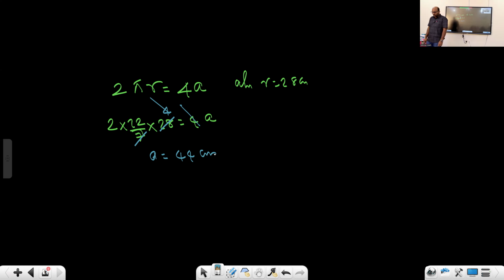44 centimeter is the side of the square.